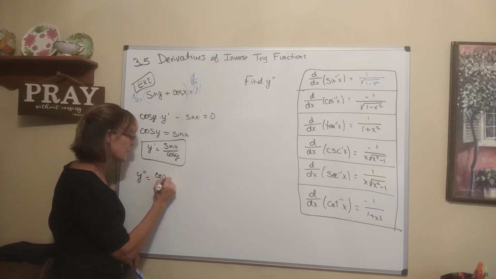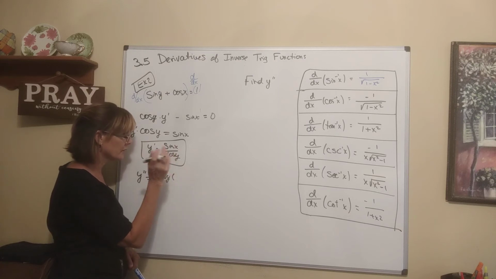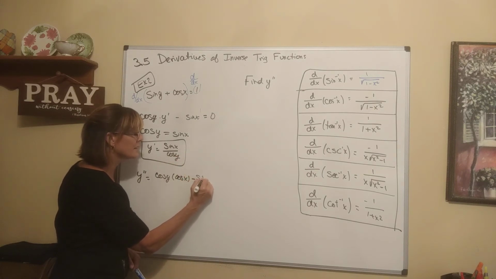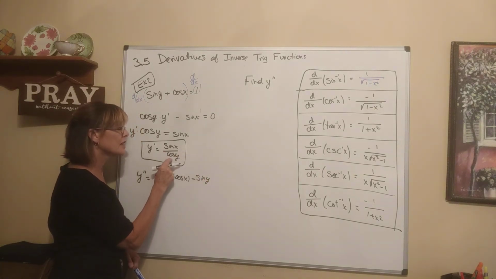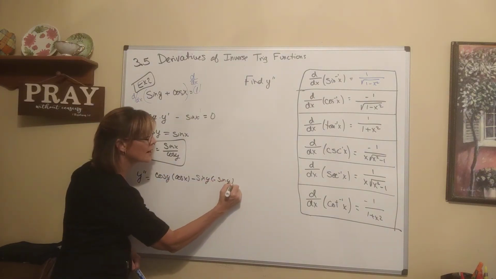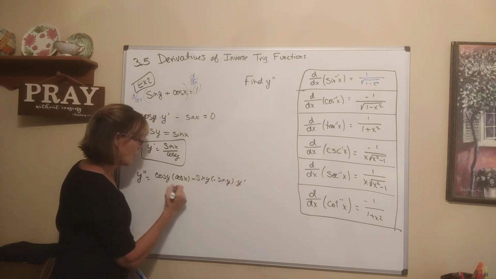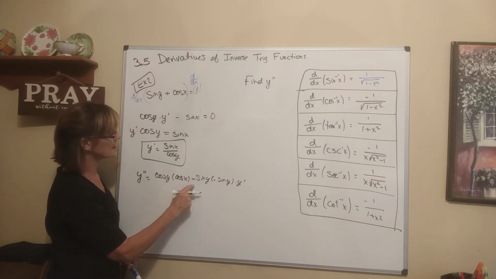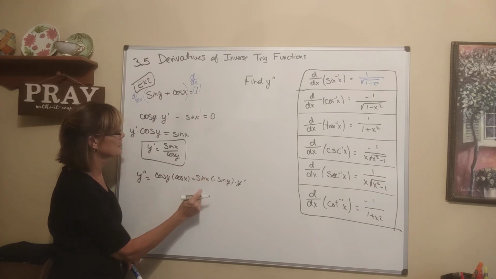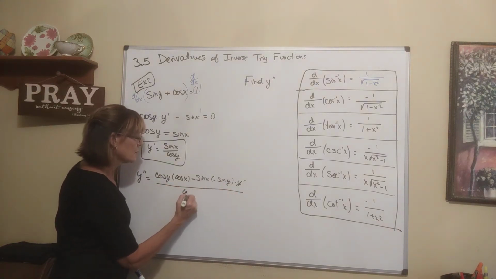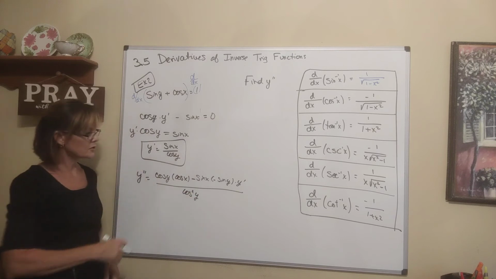Low, cosine of y, d high, derivative of sine is the cosine of x, minus high, sine of y, d low, derivative of cosine is negative sine y times y prime, there's chain rule, all over low squared. Ooh, there's a mistake, it's low d high minus high d low, all over low, cosine squared of y. Okay, that's the derivative of y prime.